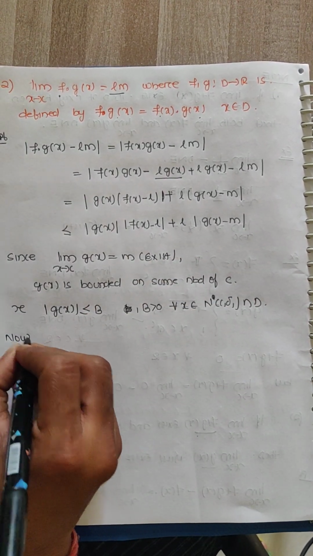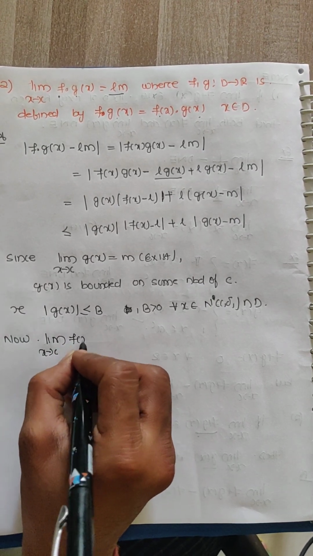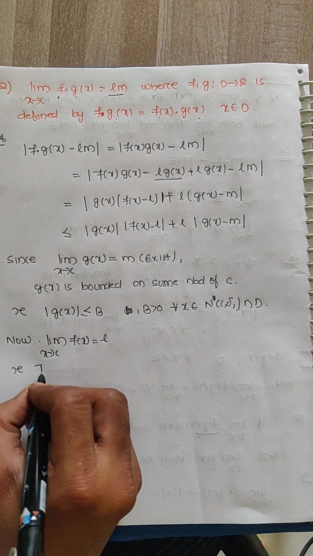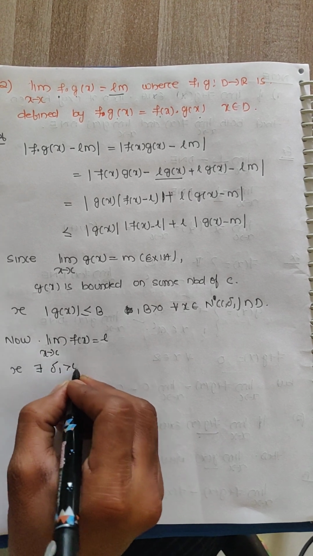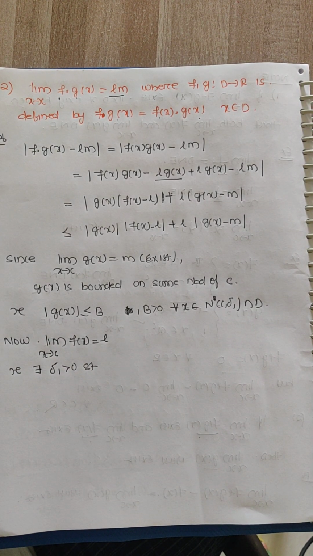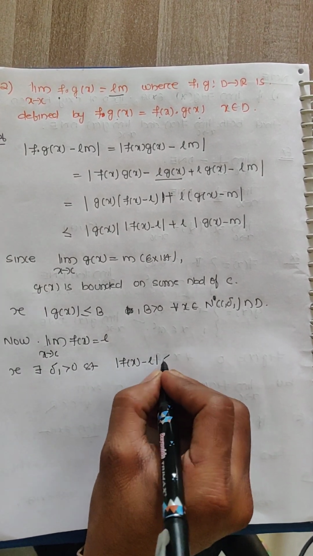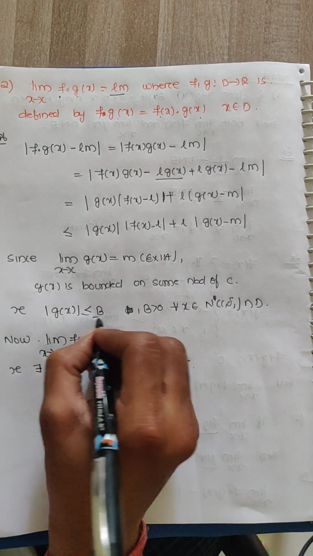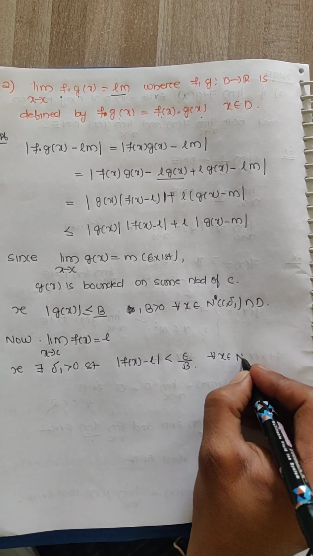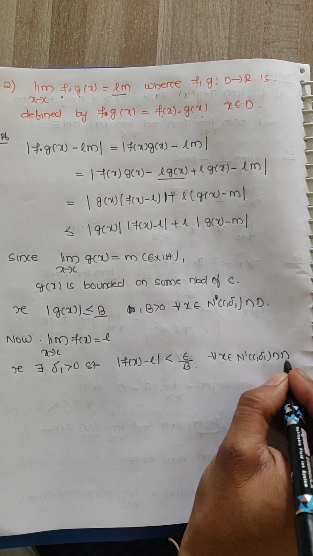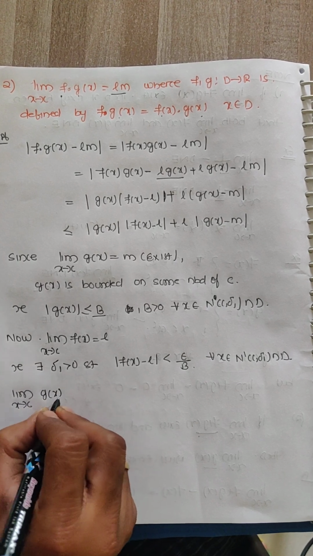Now the limit as x tends to c of f(x) is equal to L. That means there exists a delta 1 positive such that mod of f(x) minus L is less than epsilon by b, I will take epsilon by b, for all x belonging to the deleted neighborhood of c of radius delta 1 intersection with D. And the limit as x tends to c of g(x) is equal to m.